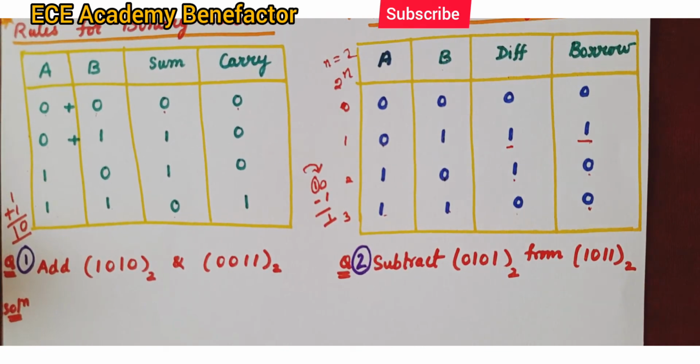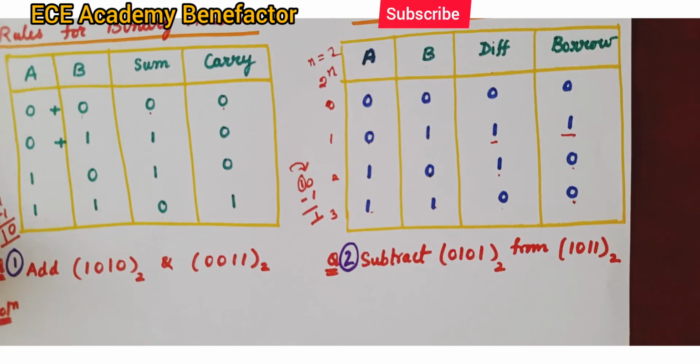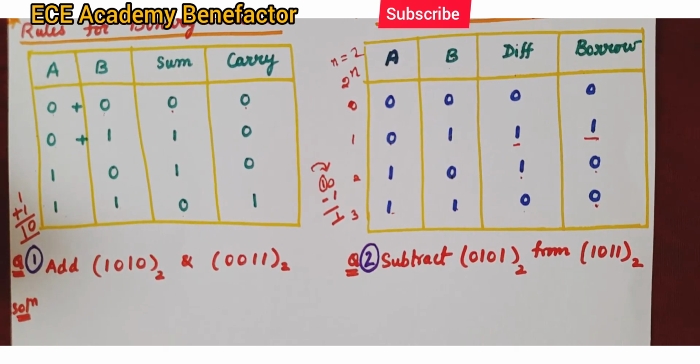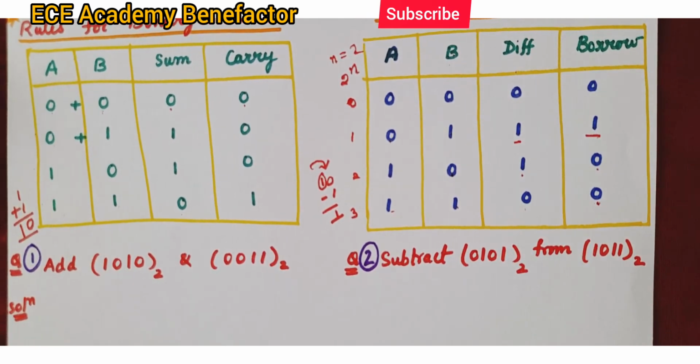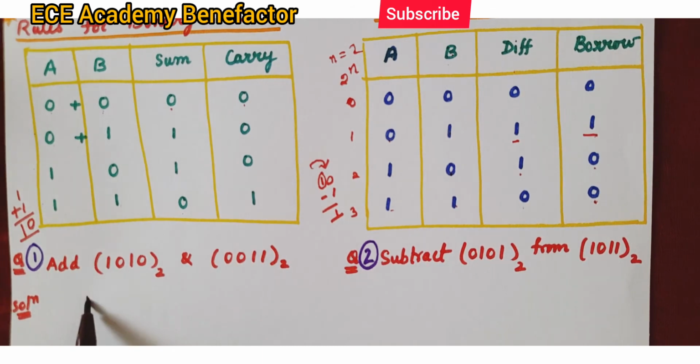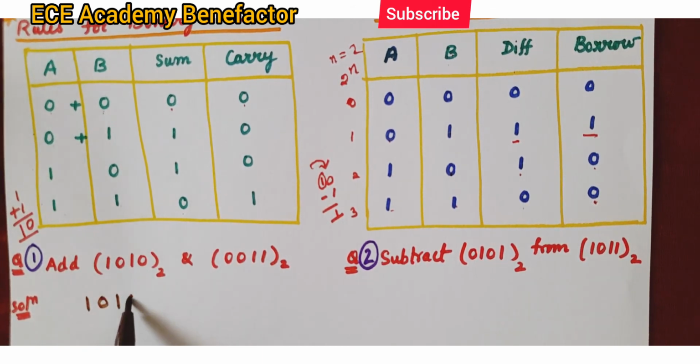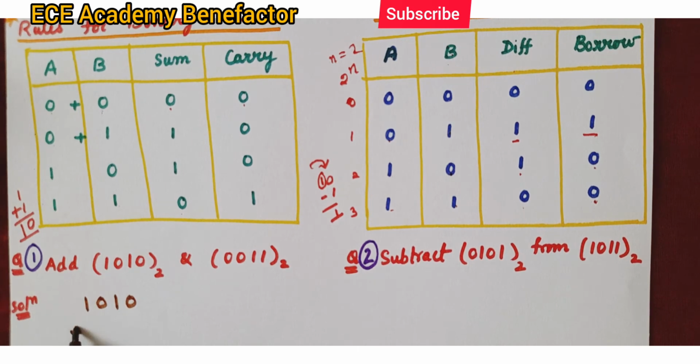Add 1, 0, 1, 0 and 0, 0, 1, 1. You have to do the binary addition. Okay, so let us write the problem. 1 0 1 0 is added with 0 0 1 1.